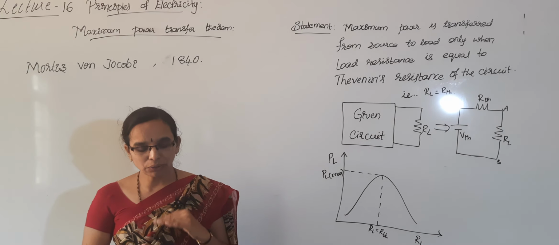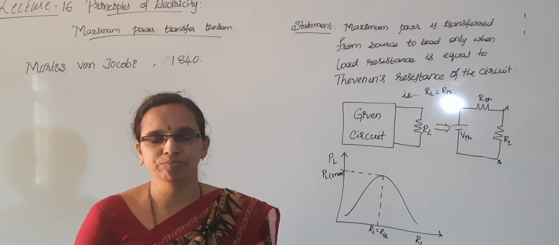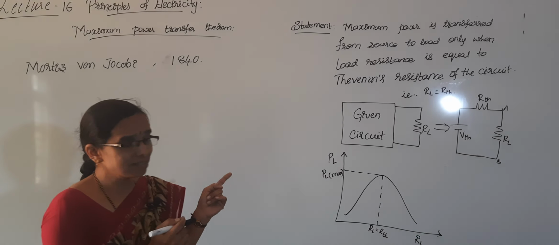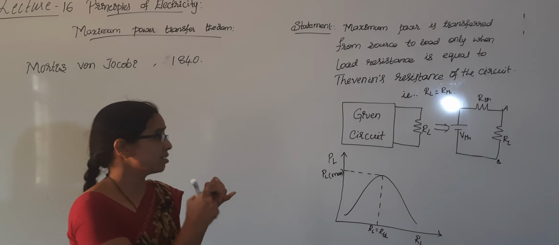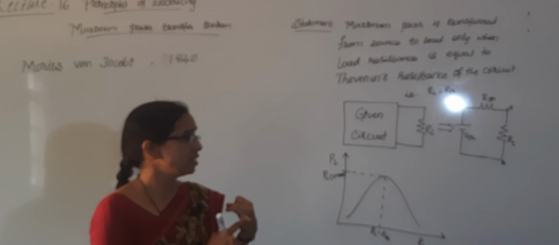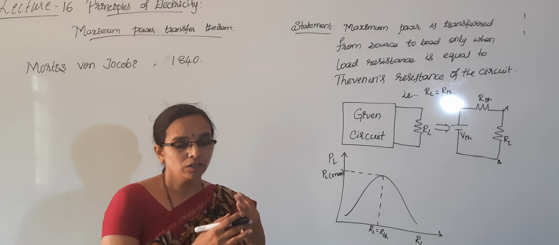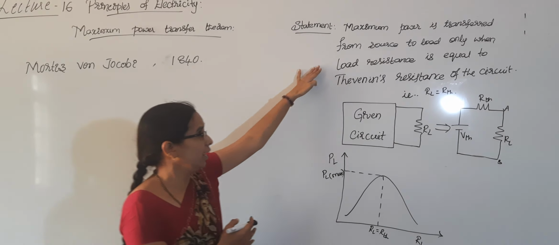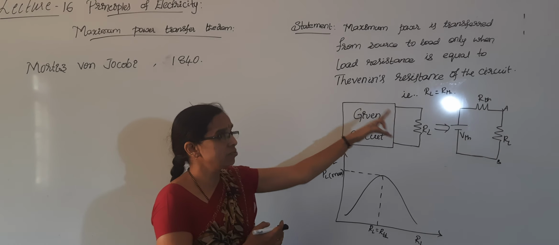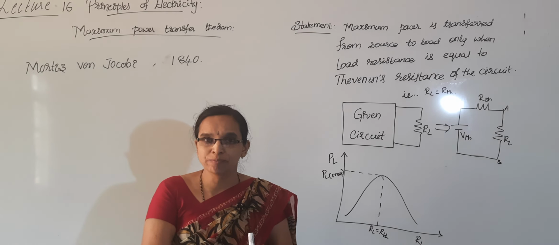Okay, first we will look into why this maximum power should be transferred. The theorem tells us maximum power is transferred from source to load only when load resistance is equal to Thevenin's resistance of the circuit. We will leave this second line, maximum power is transferred only when. Why is this maximum power transfer essential?